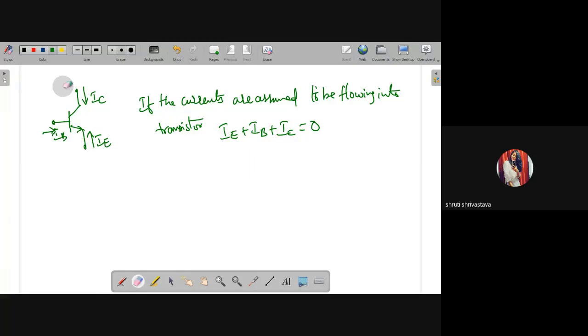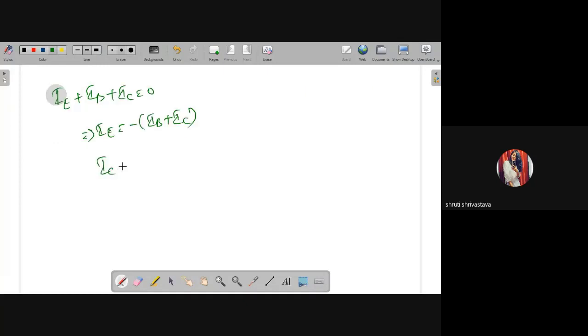Whenever the currents are flowing into the transistor, the condition is IE plus IB plus IC is equal to 0. So IE is given by minus of IB plus IC. Then you have one more equation, IC is equal to minus alpha IE plus ICBO. Let us name the equations as equation number 1 and equation number 2.